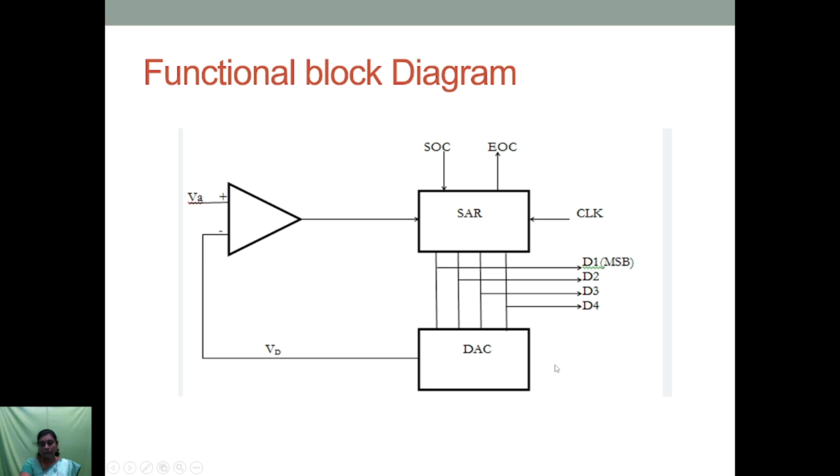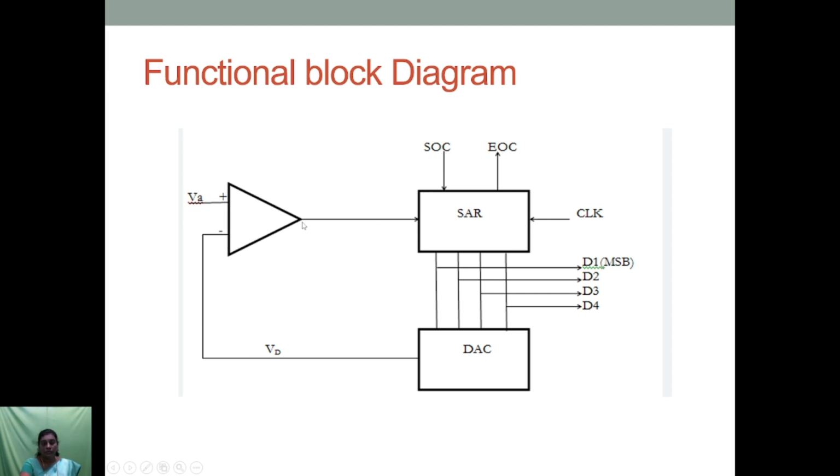We will see the operation of this circuit. Here we give the analog signal as input, connected to the positive terminal of the comparator, and in the negative terminal the output of the digital to analog converter is given.